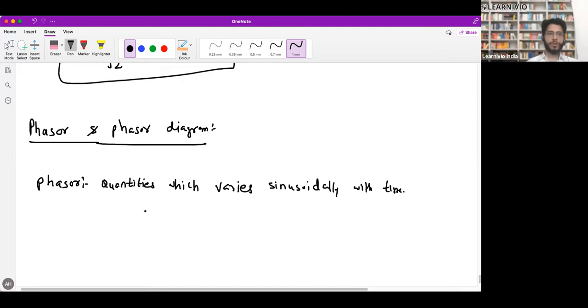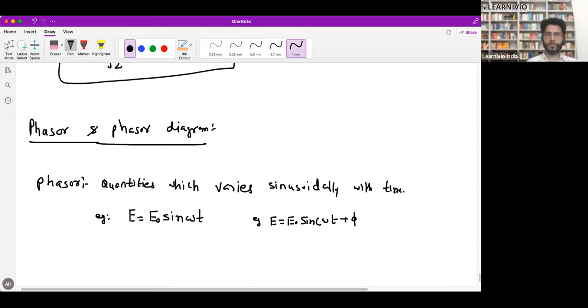This quantity could be written as E is E naught sine omega t. See, these are a few examples of phasors. Or you can write E is equal to E naught sine omega t plus phi.